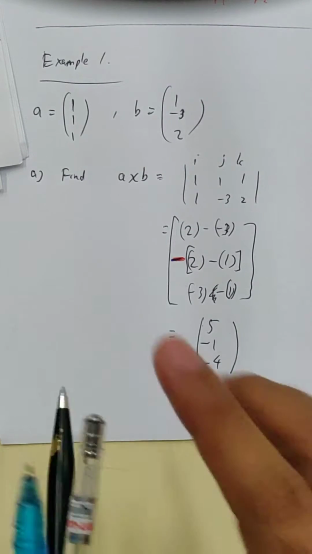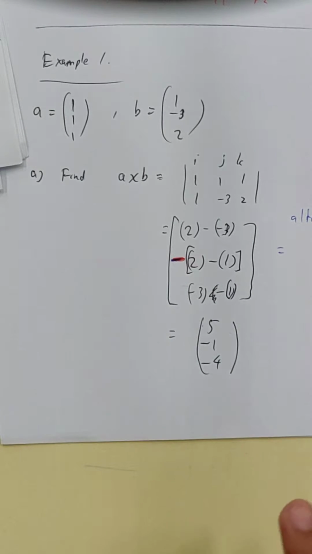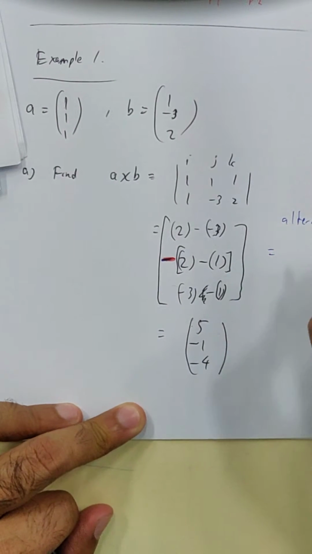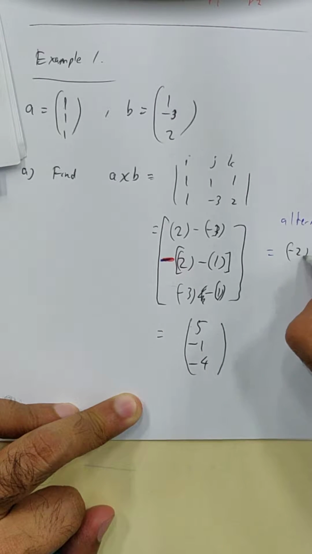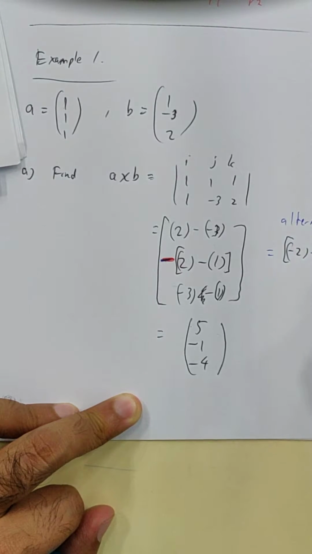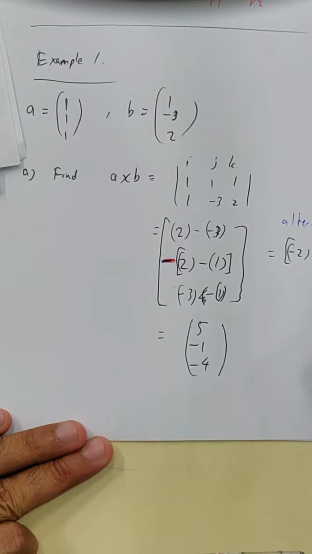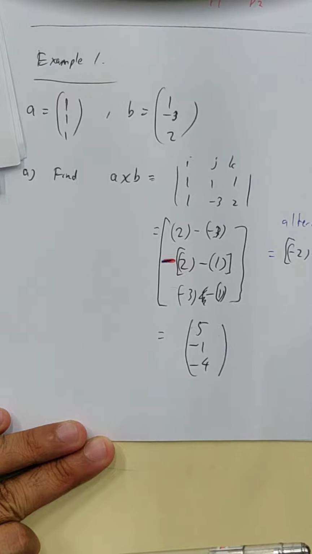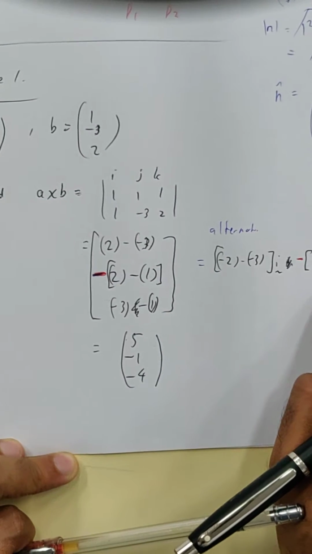But of course sometimes, or alternatively, it's far more common for people to write it down in this way instead. It's just a different way of writing, but it's the same answer. Negative 2 minus 3, I plus, sorry, minus, 2 minus negative 1, J. After your I and J, you need to put these wiggly things.